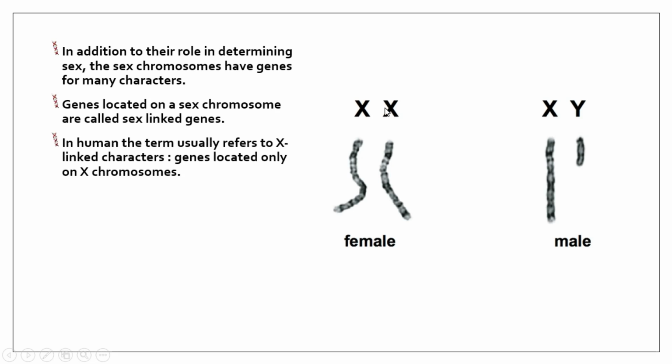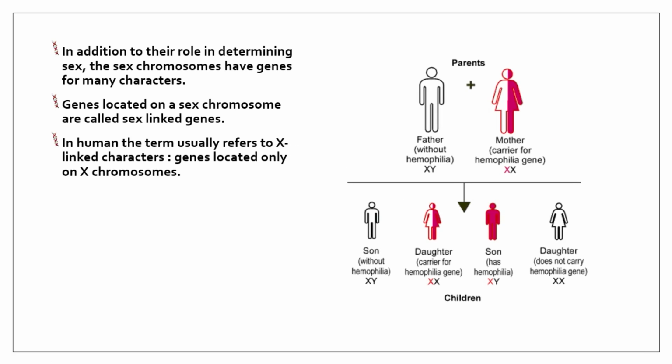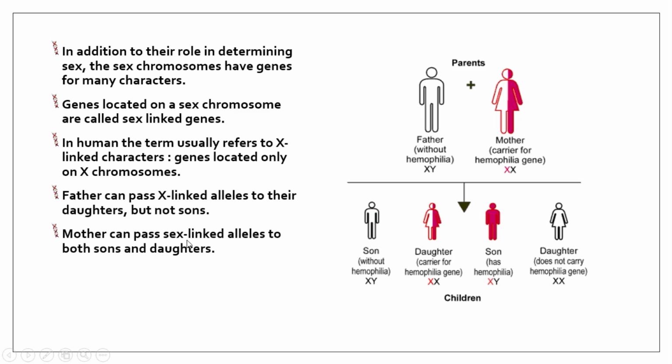So we can refer to them as X-linked characteristics as well. The thing we have to know is a father can pass X-linked alleles to his daughters but not to his sons, and a mother can pass X-linked alleles to both sons and daughters.